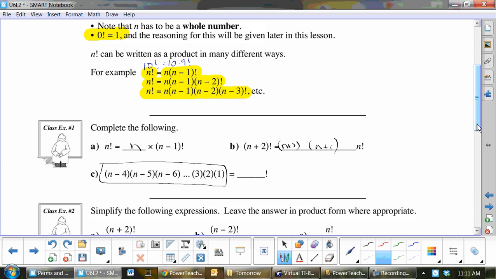It's the ending of every factorial. So what would this one be? N minus 3? No. Okay. What does 10 factorial mean?